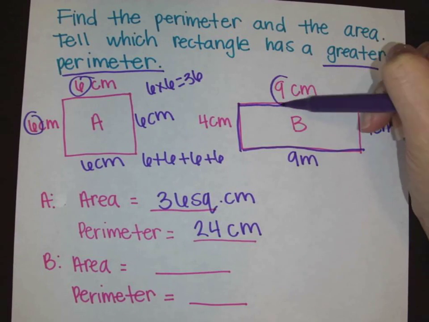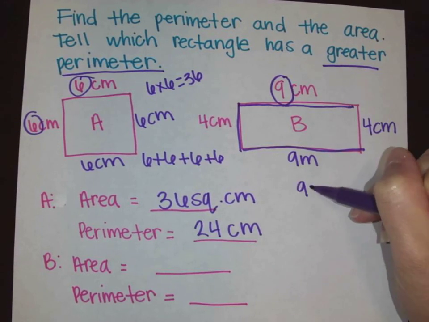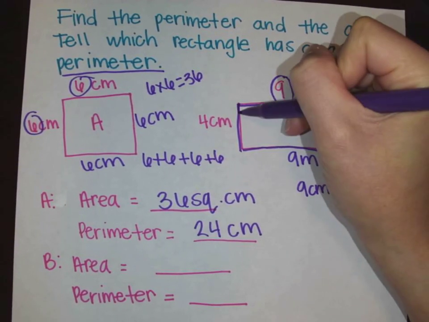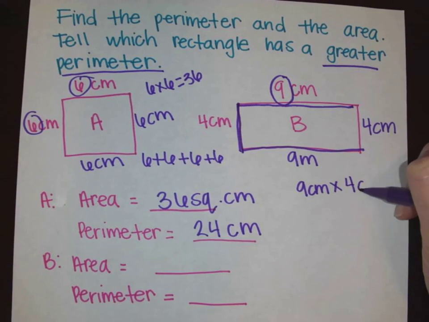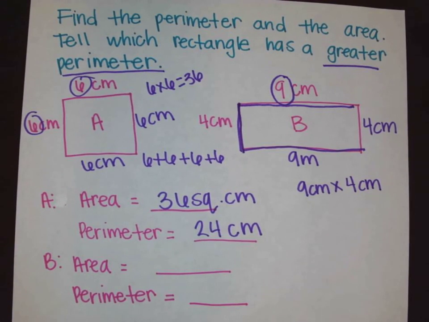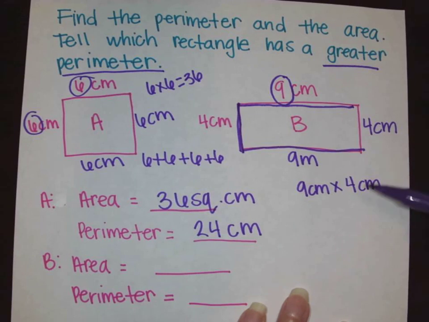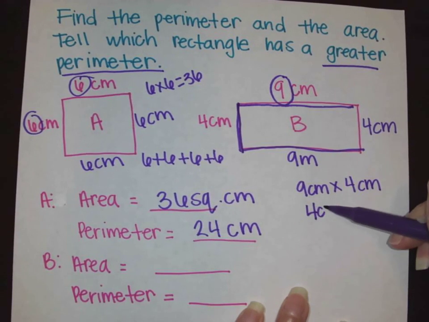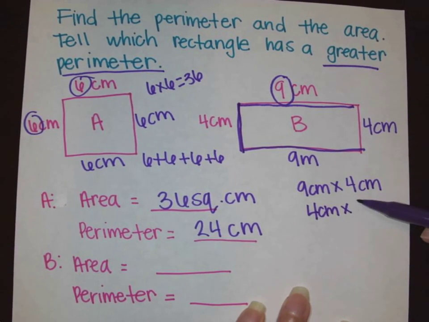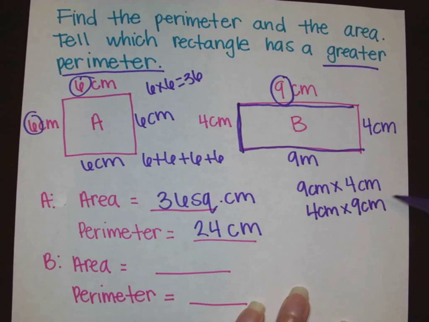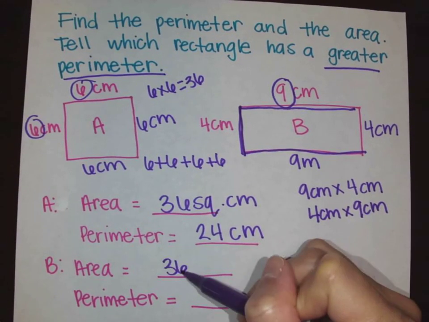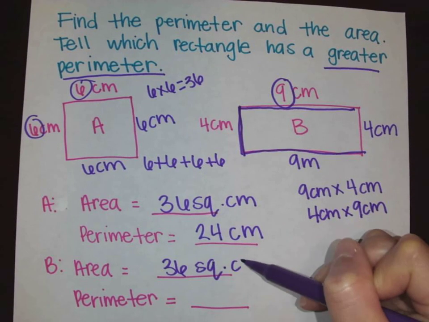So here's the longer side, 9 centimeters times the shorter side, 4 centimeters. And boys and girls, because of the commutative property of multiplication, remember, it doesn't matter if you multiply the shorter side times the longer side, you will still get the same answer. And 9 times 4, or 4 times 9, is 36 square centimeters.